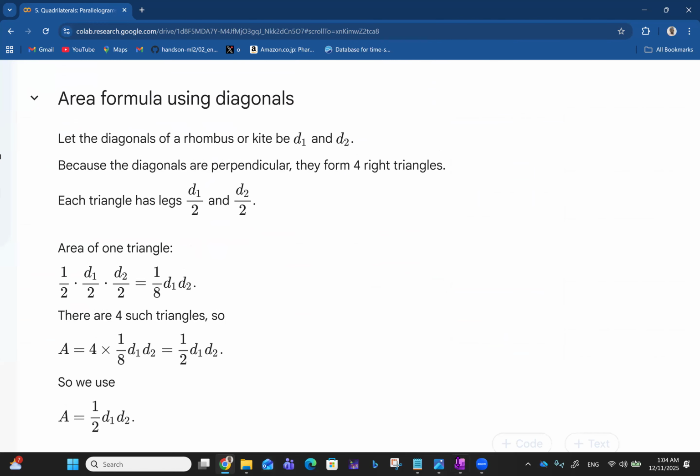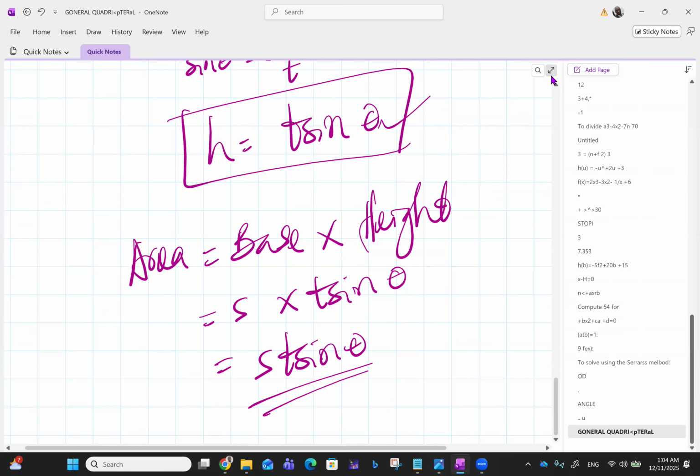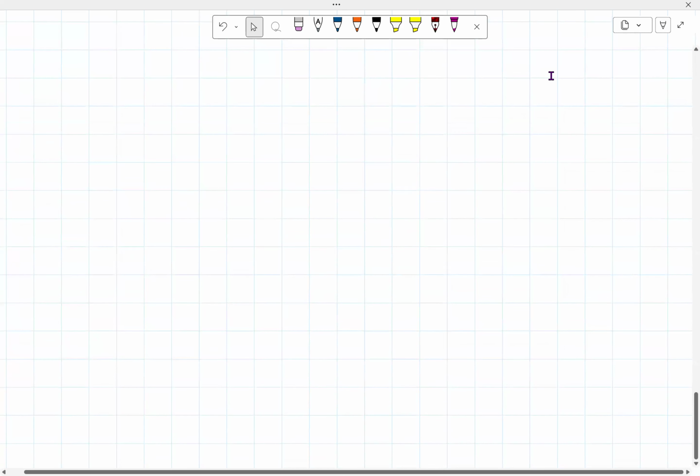Okay, let me explain what I've just done. Imagine you have a rhombus, which, of course, we already know is like a square. We have these two diagonals meeting at this point. You can see this area is the same as this area, is the same as this area.